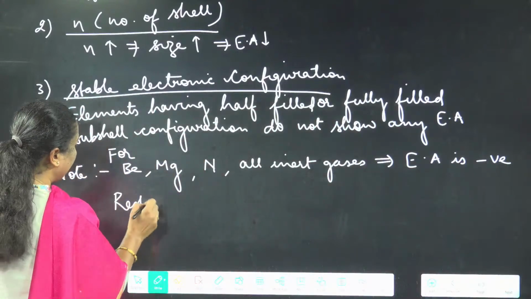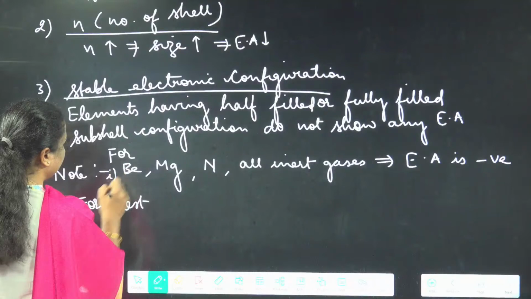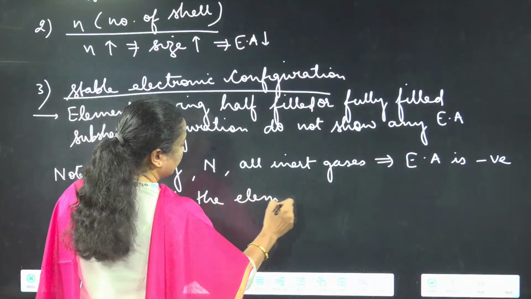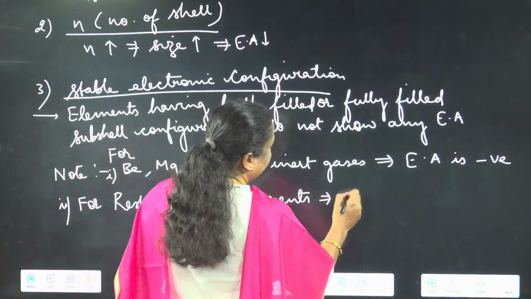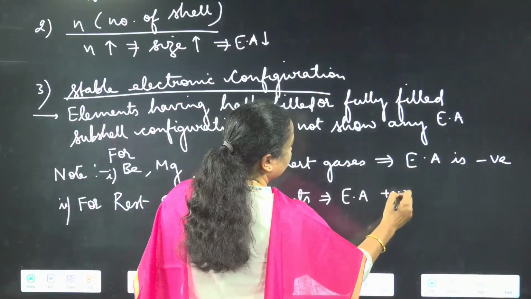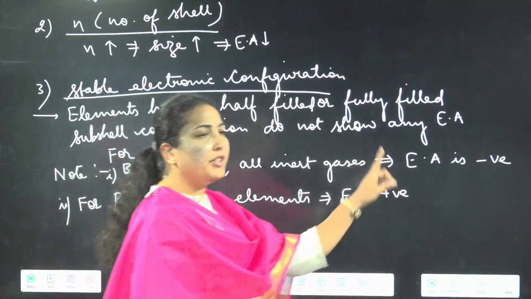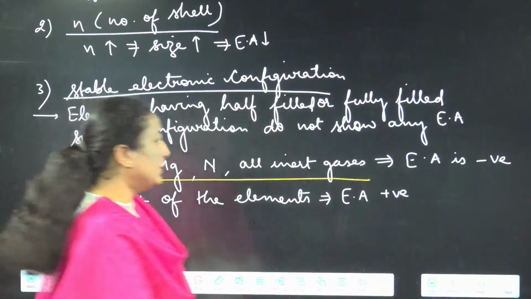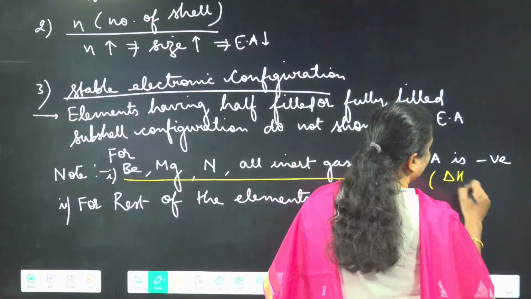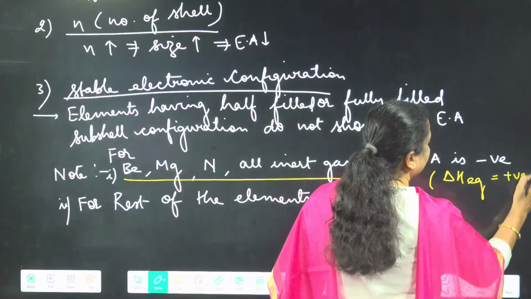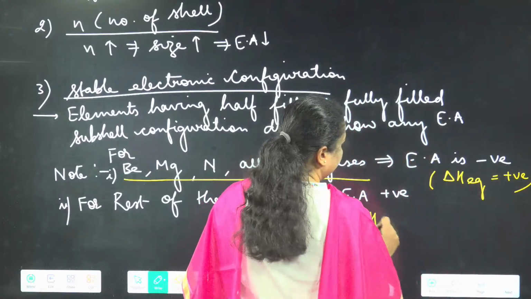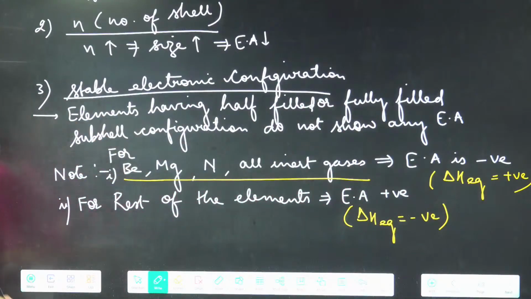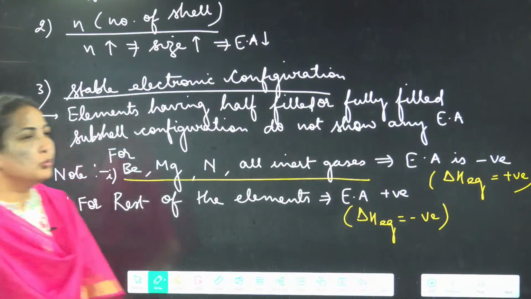For the rest of the elements, electron affinity is basically positive. If I'm saying the electron affinity is negative, that means they don't want to accept the electron. So their delta HEG is going to be positive, and for the others it is going to be negative. Getting it? Because they don't want to accept the electron, they don't want to lose their stability.